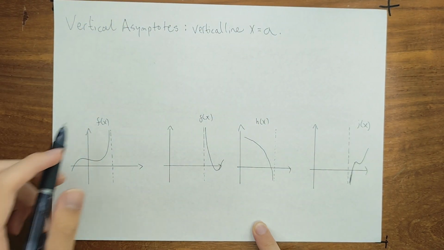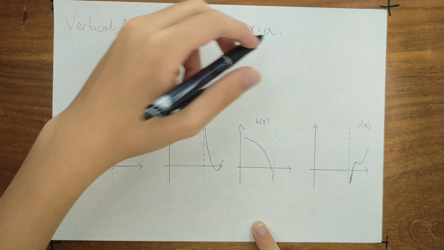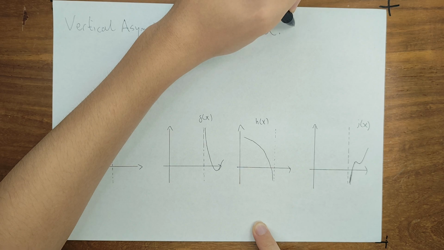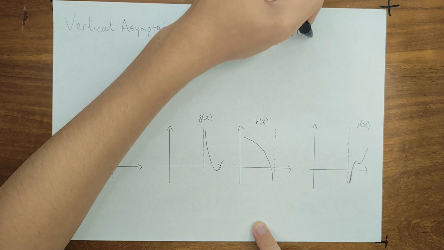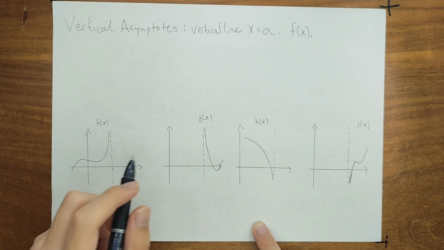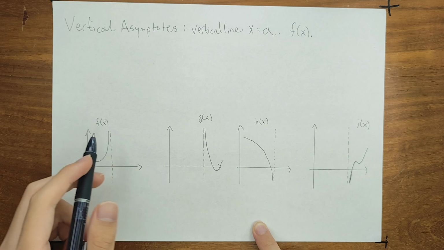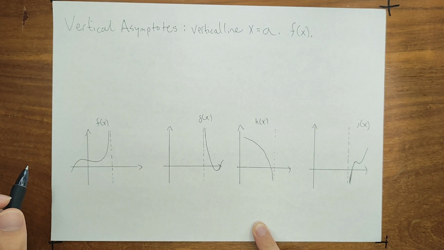This is on the same plane as the curve of f(x). So we have the function f(x). The vertical line x equals a is a vertical asymptote if the following statements are true.